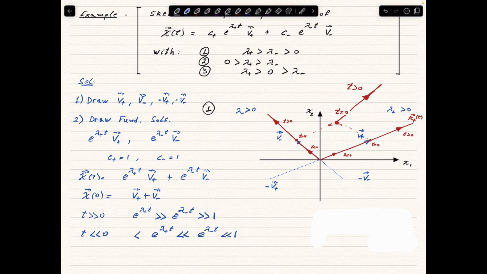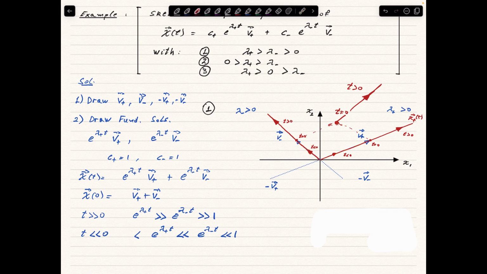So when t is negative, we are going towards 0 in both directions. In this direction we are going towards 0 because t is negative, but because this number is larger, along this line we are going to 0 faster. So the solution is going to have almost nothing in this component or almost everything on this other component.